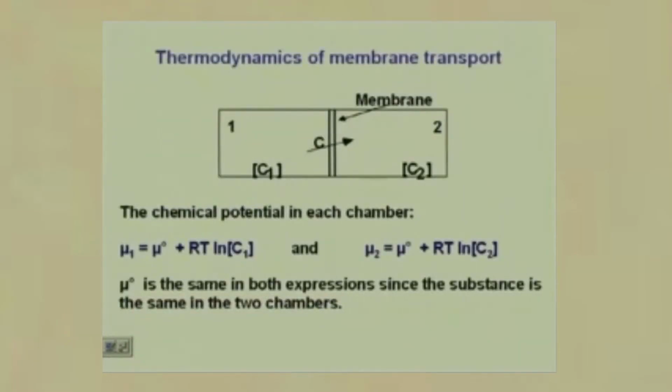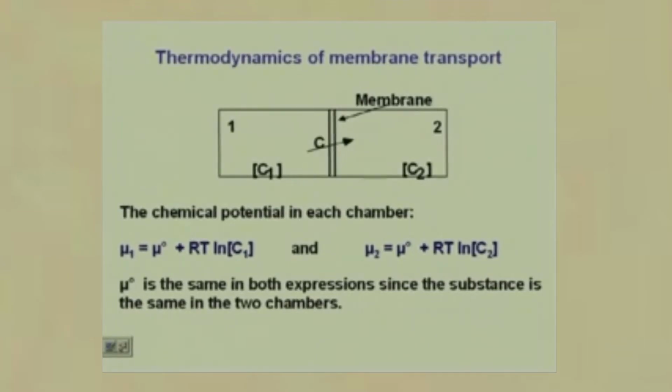Okay. Now, if we look at the thermodynamics of membrane transport, we are speaking about free energy and how this all can occur. Basically we are looking at two chambers here where we are transporting one solute, or one substance, from one side to the other.